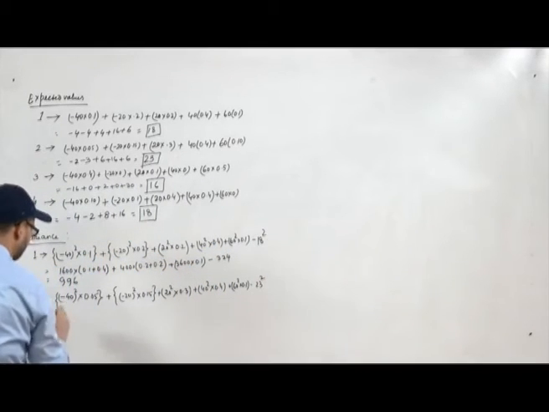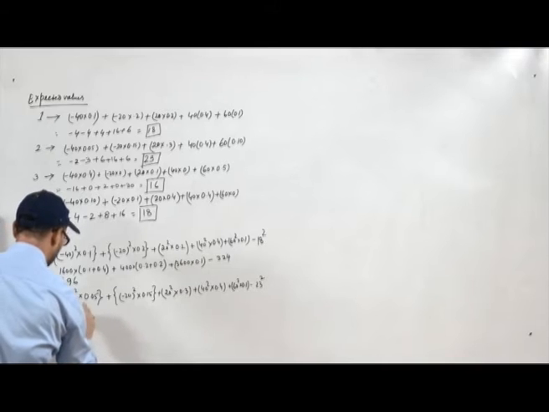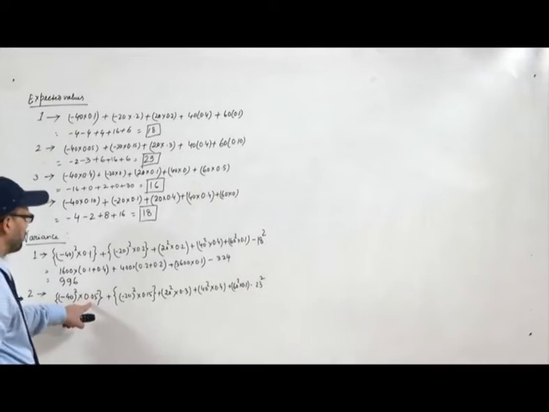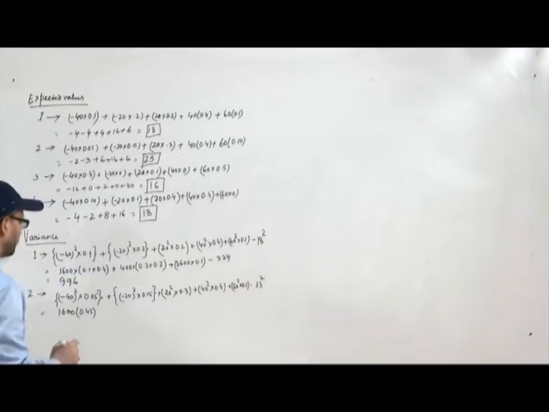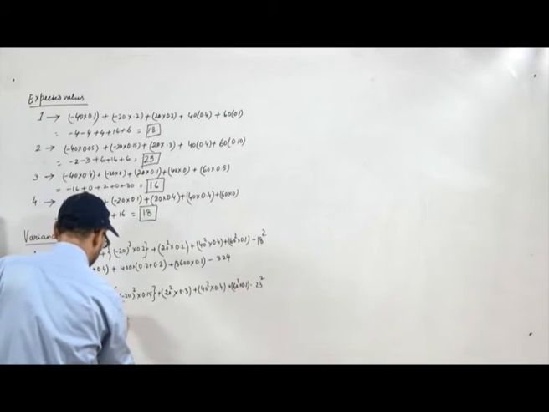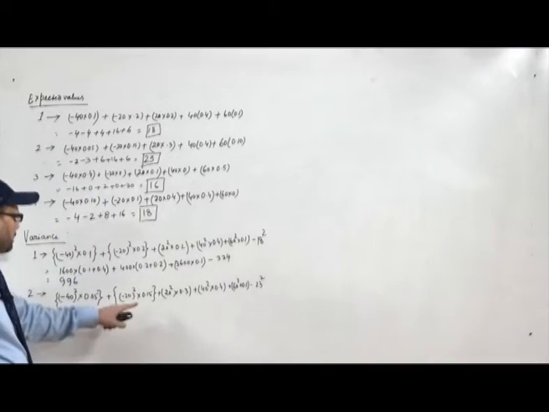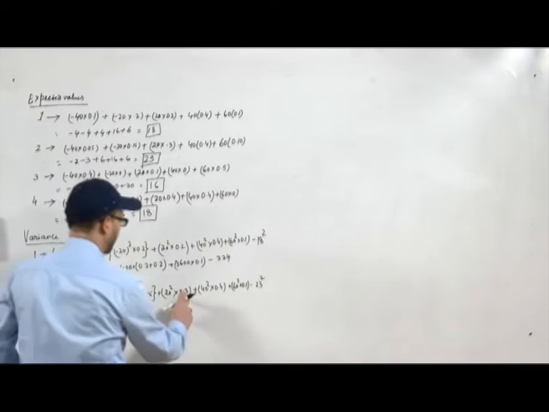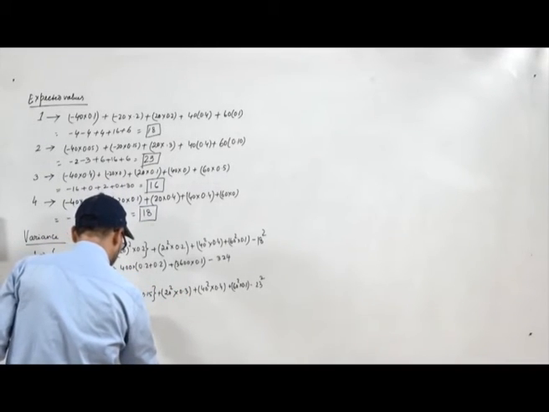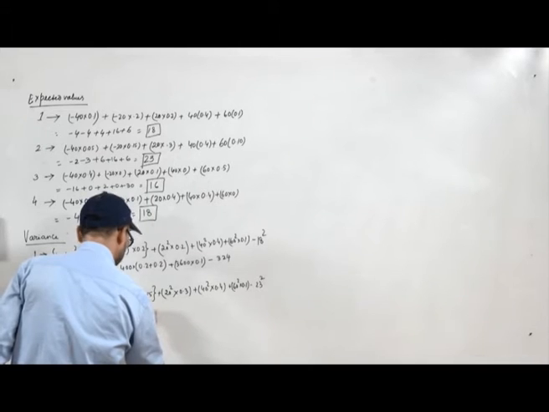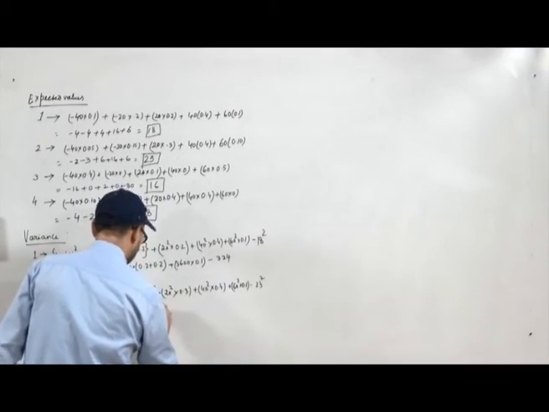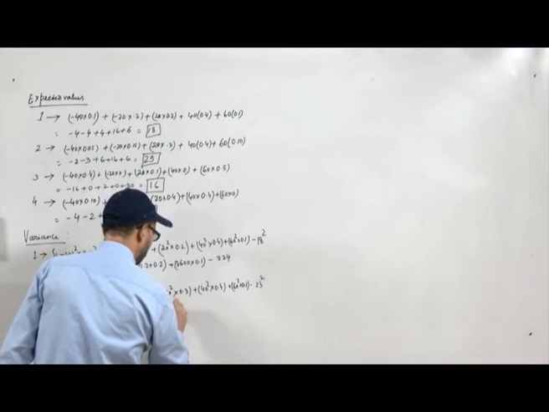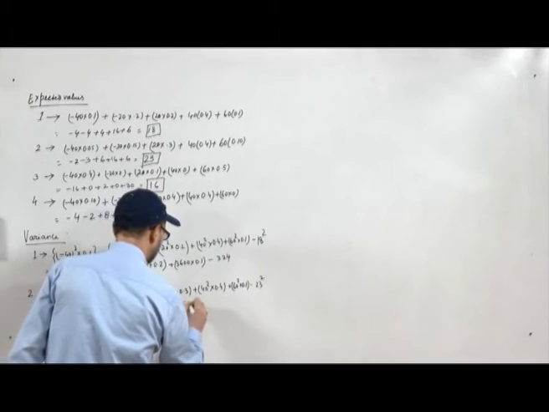So, you will get 1600 multiplied by 0.05 plus 0.4, so that is 0.45, plus 400 multiplied by 0.15 plus 0.3, that is 0.45, plus 3600 multiplied by 0.1 minus 529.